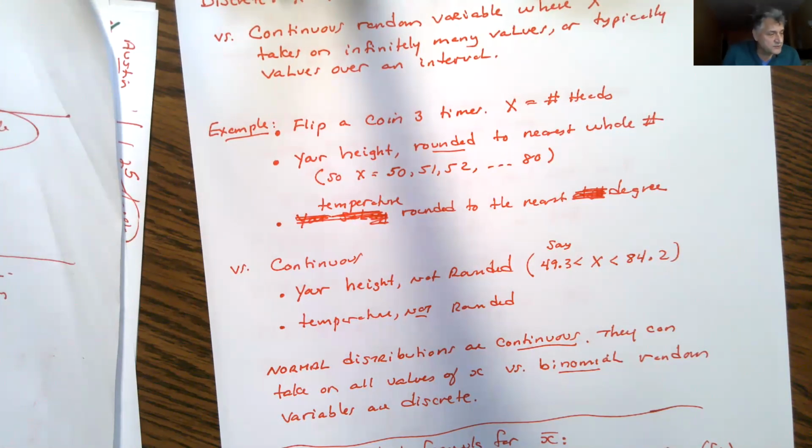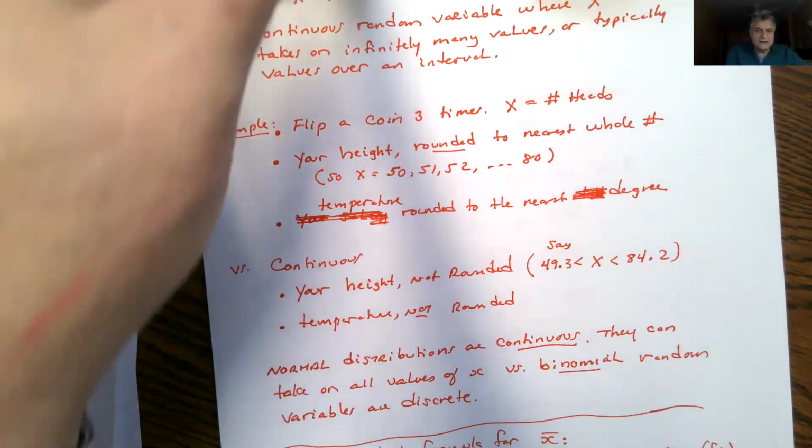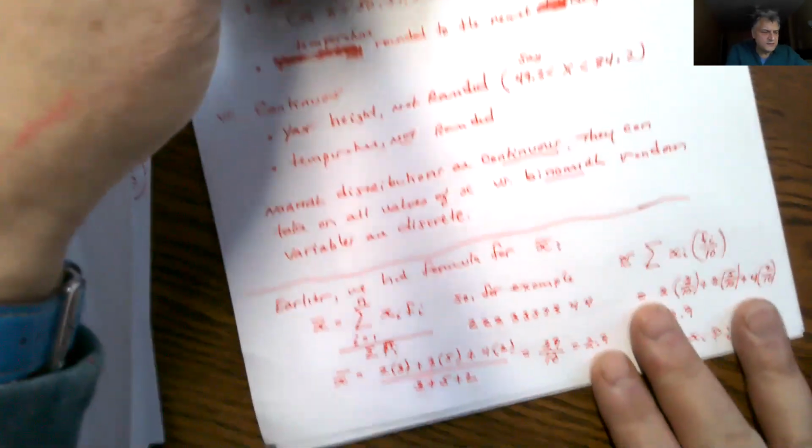Now, what we're going to see is eventually, the more times you flip a coin, and the coin isn't too biased, your distribution, that bar chart, is going to look more and more like a normal distribution.